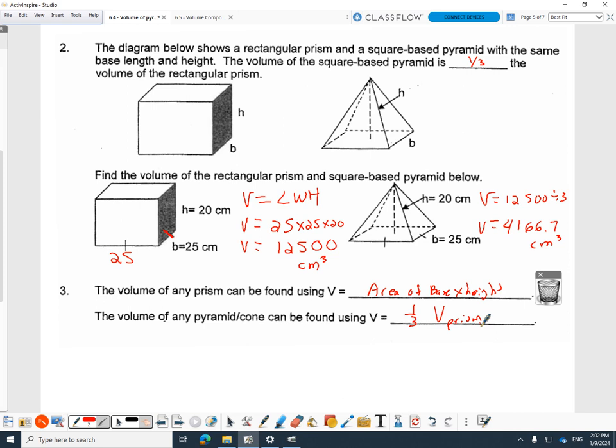I'll write it bigger: 1/3 volume of the prism. So you find the volume of the prism, and you go 1/3 of that. Or maybe what I was doing, I just took the volume of the prism and divided it by 3. So you're just dividing by 3 when you're doing pyramids and cones.